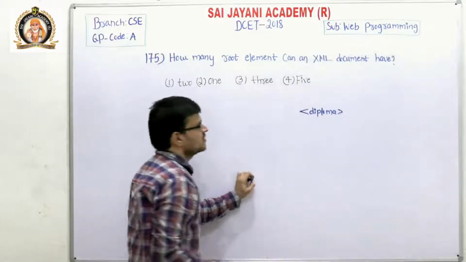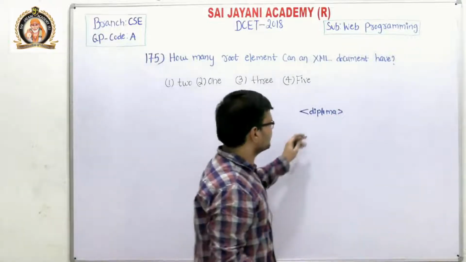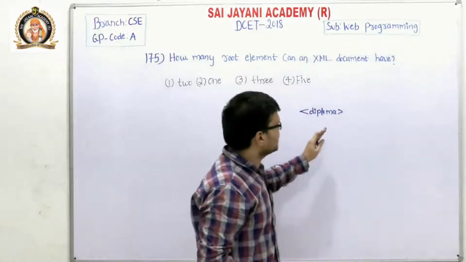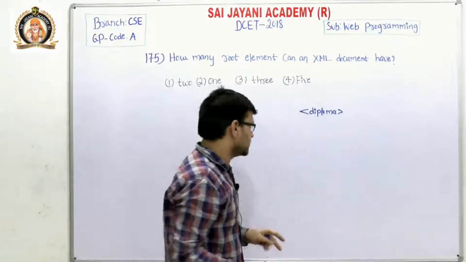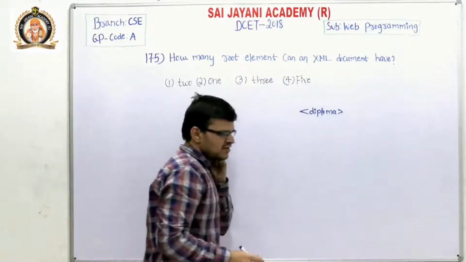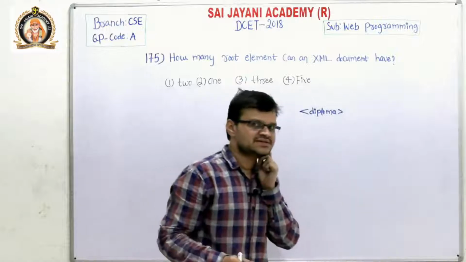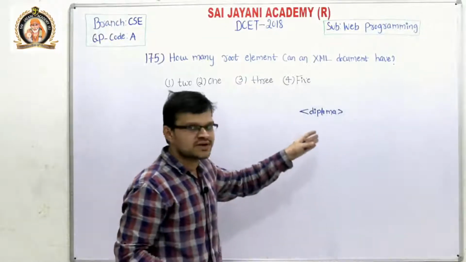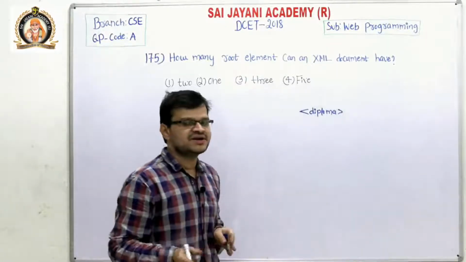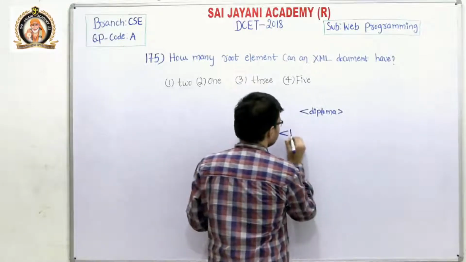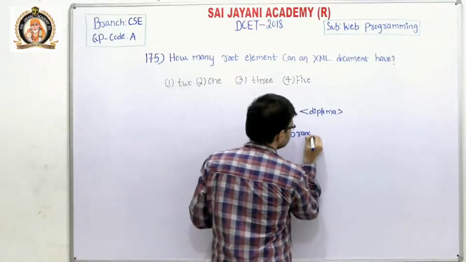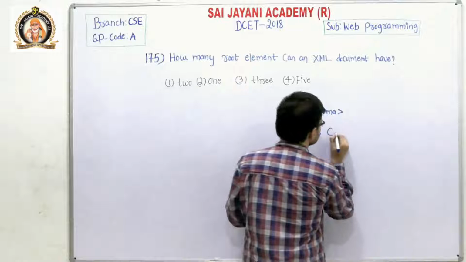It is one tag, and we already know that whatever tags we use in an XML document are user defined only. In HTML we use predefined tags, but in an XML document we use user defined tags. Okay, diploma is one tag, branch is also another tag.